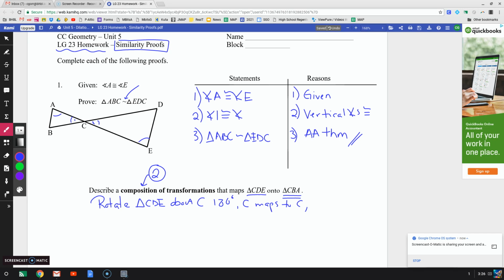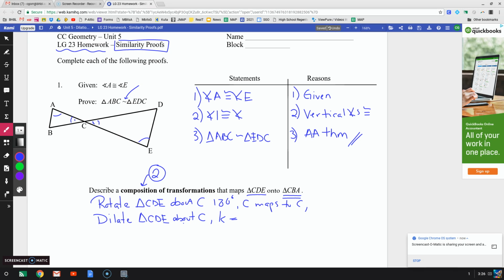and I'm then going to dilate my triangle CDE about my point C again. And I'm going to dilate it using my scale factor, my K. And what I want to do is I do want to map my CDE, my larger triangle, onto my smaller triangle.